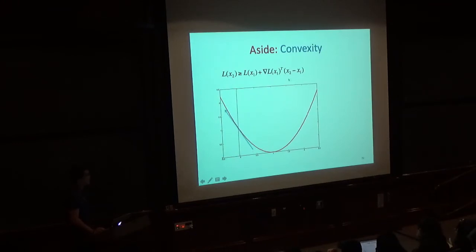What it's saying is that the tangent line, or the tangent plane, or the gradient plane, if you will, around any point sits below the function. That's another definition of convexity. They're equivalent. You can prove that they're equivalent. So whenever we do gradient descent, we have a locally linear approximation of the function that we're minimizing, that is always an under approximation of the original function.